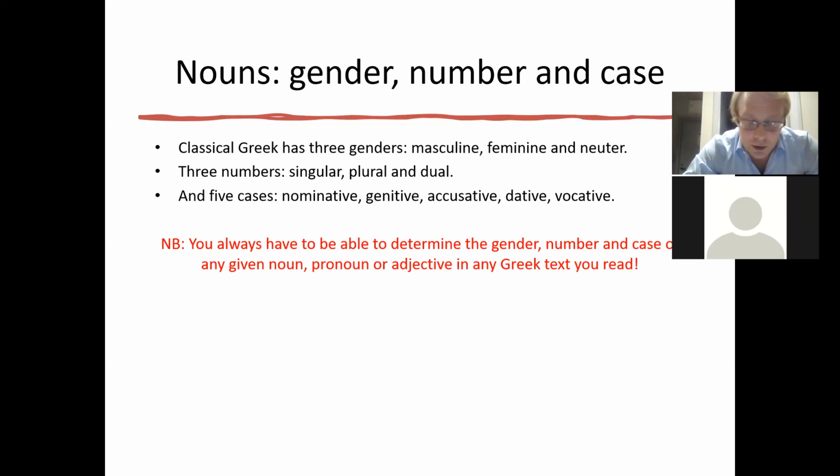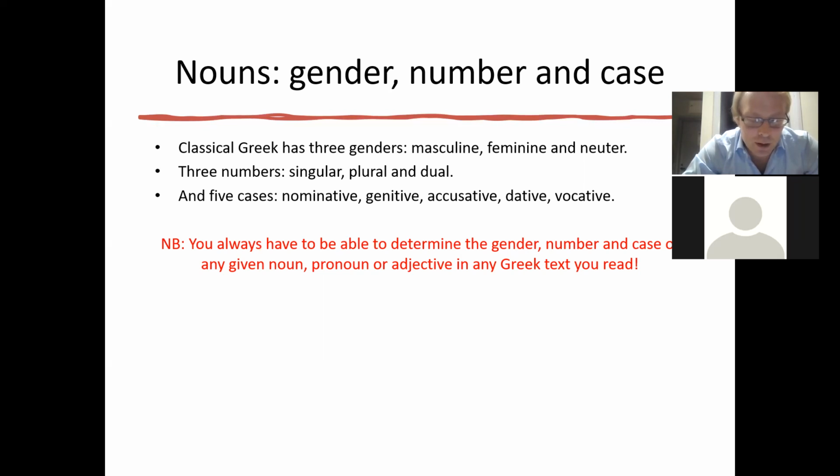Of these, the nominative is often referred to as the normal or the straight case. It is also usually the case in which the subject of any given sentence is given. When inflected in any of these cases, the noun changes its ending in each case, and it is therefore always possible to derive from the ending of a noun, pronoun, or adjective which case it has.